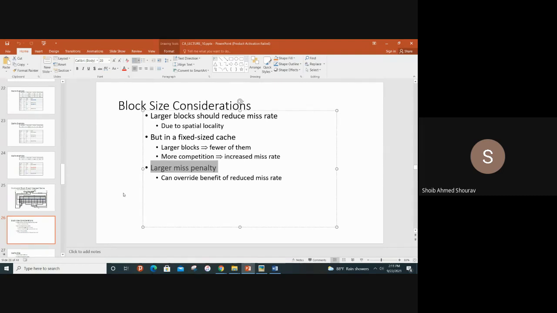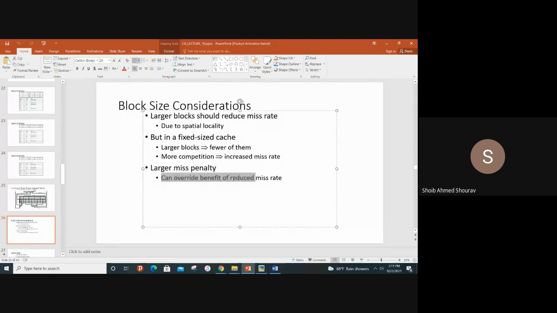So if the block size is larger, the time taken to copy 8 words into the block will be much bigger than copying only one word. If there is a miss and we have to copy the entire block, and the block size is bigger, it will take much more time to copy. So due to that, the miss penalty will be larger.